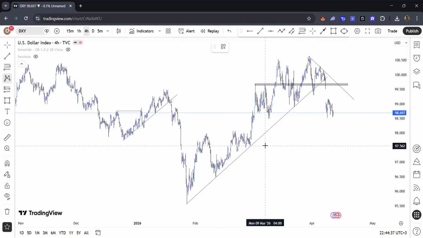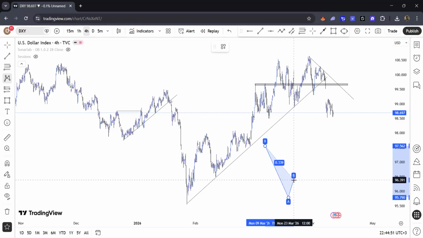You may find that you have to use fibs. For example, if the market is selling and you're looking for a continuation, you're going to bring in the harmonic. So you may find this low, X to this low. Then to find point B, you have to look for is it 0.618, between 30 something to 68.